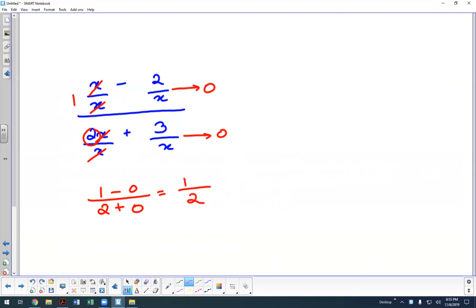So that actually means this expression, this rational function, is actually going to start approaching 1/2 as all of these x values start approaching infinity, which means your horizontal asymptote is going to be at y equals 1/2.